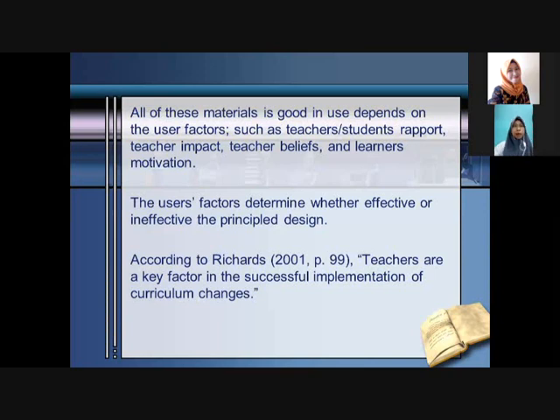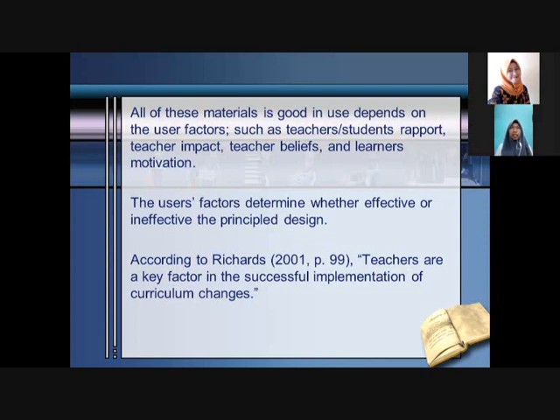Next, by the way, all of these materials that I have mentioned before are good in use depending on the user factors, such as teachers and students' rapport, teacher impact, teacher belief, and learners' motivation. Because we have understood that the curriculum has changed over the years, to find the best curriculum, the best method, the best material to be employed in the classroom.